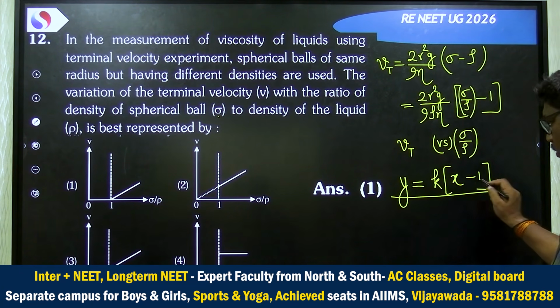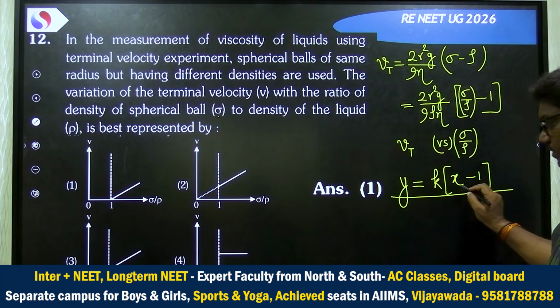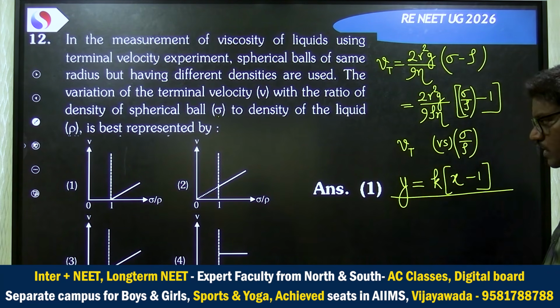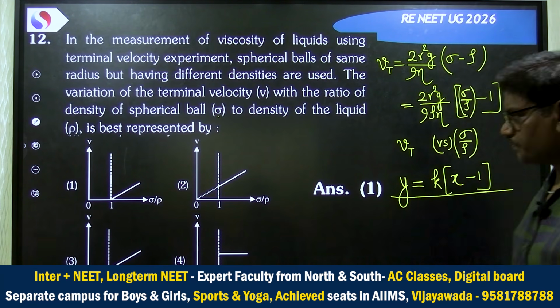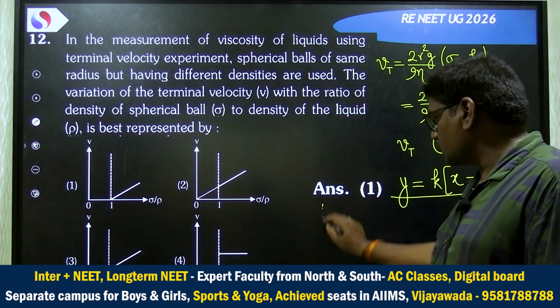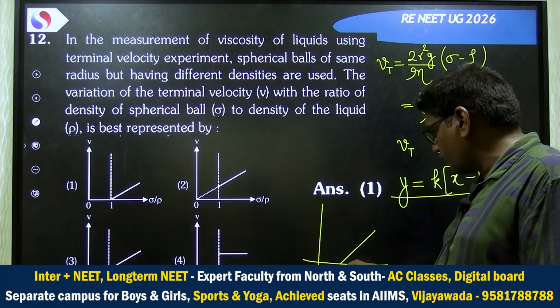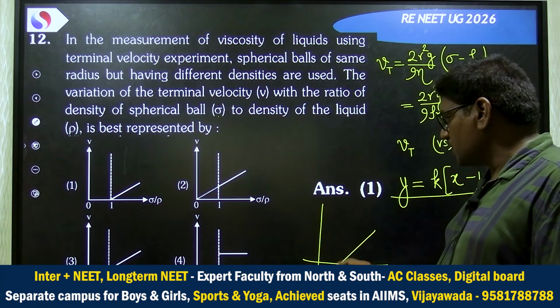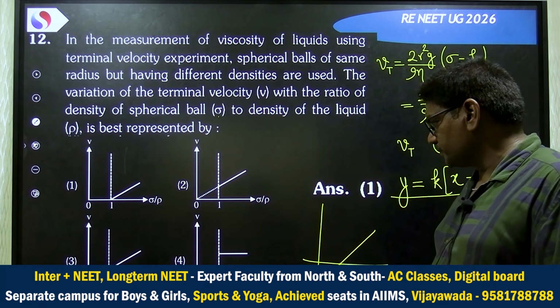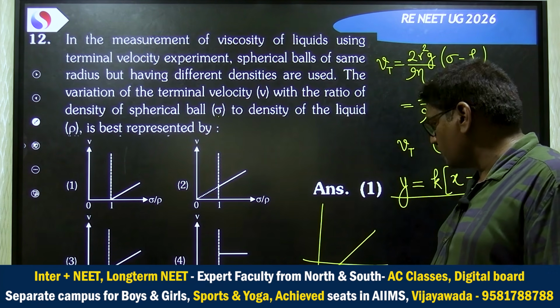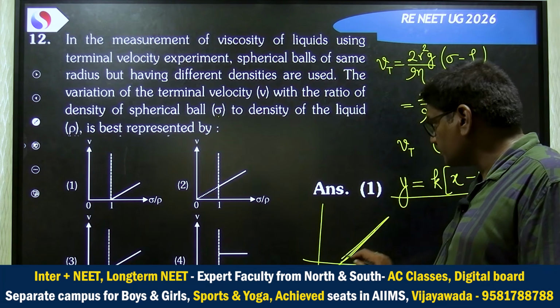That means x intercept will be starting from x equals to 1. So that means if I extend this graph should be like this. It is starting from negative, but then from 1 it will be this. But they just want to see from 1 onwards. That means my graph will be this one.